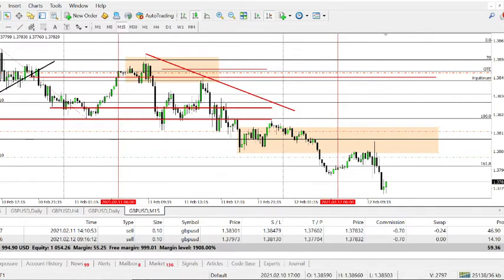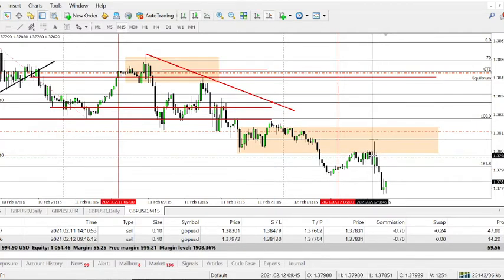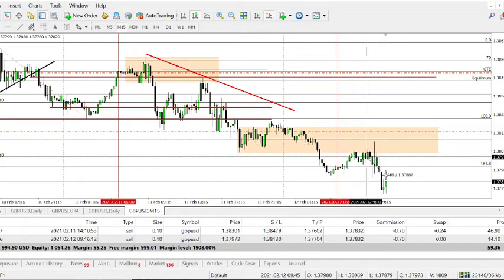So it was an opportunity also to sell, and that's why I made my decision to sell at this region. To form the highest of the day, then comes back here, and then I sell.